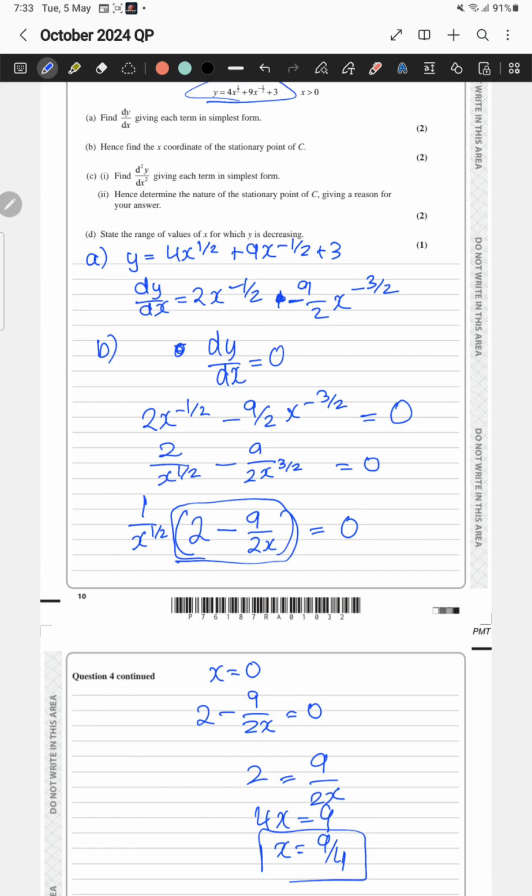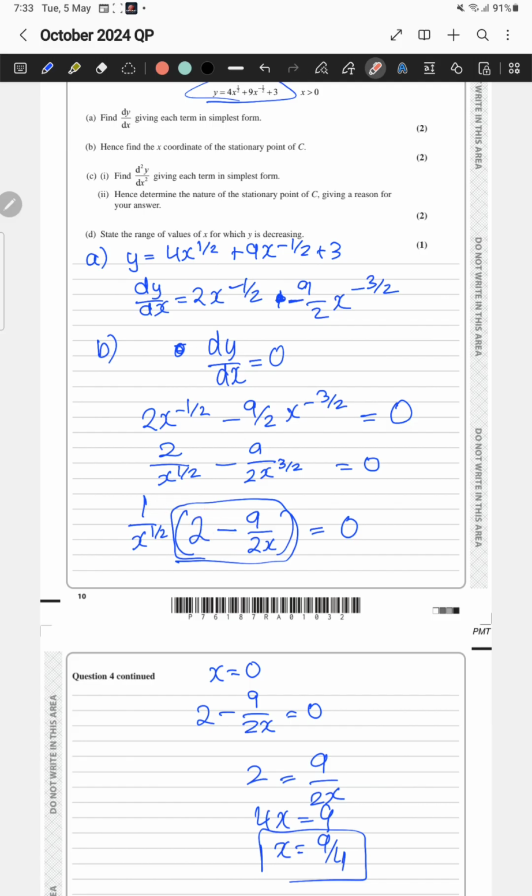Just to summarize, in order to find the stationary point, set dy over dx equal to 0. I have done that. Use the laws of indices to write this into the denominator, since the power is negative. Using the laws of indices, you should notice that x to the power of half in the denominator can be factorized.